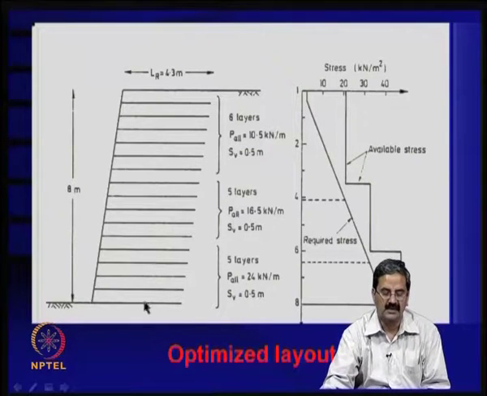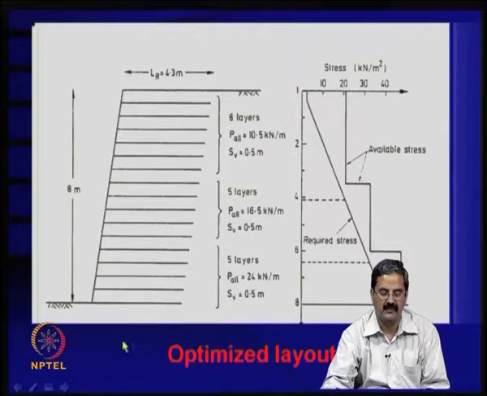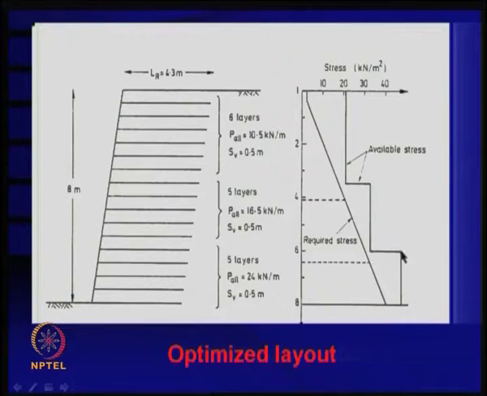So you can see that all at 0.5, 0.5, 0.5 you can provide, and this is the required stress, and this is the allowable stress. At this point it is a little extra, it is fine. At every point you see that all available stresses are more than the required stresses.